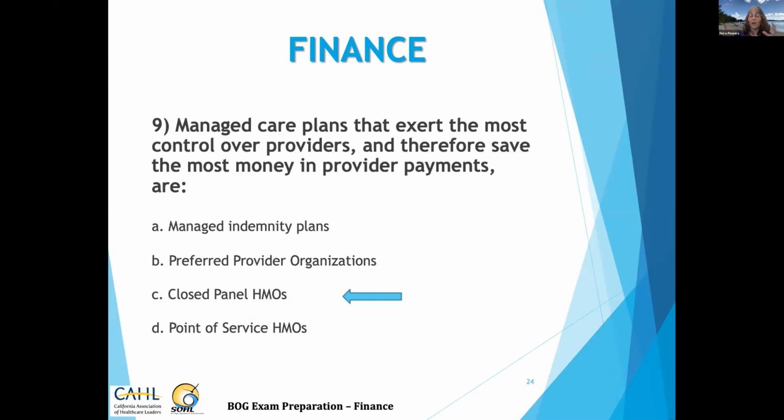Closed panels are, like you said, in-house, and there are no out-of-network benefits. And the preferred provider organization is the bigger panel that usually doesn't have as many restrictions on referrals. And again, you can study that information in the healthcare section as well.